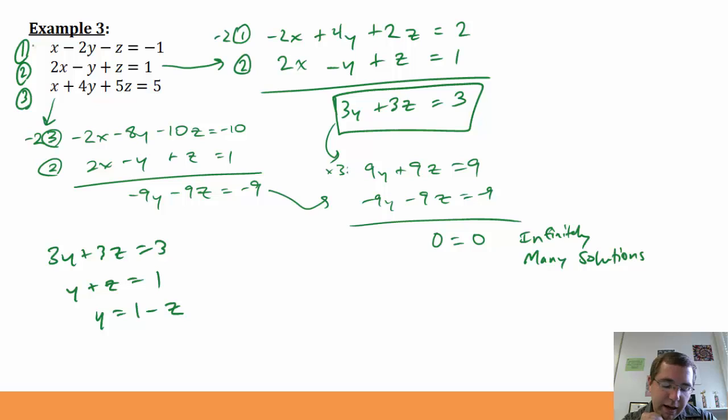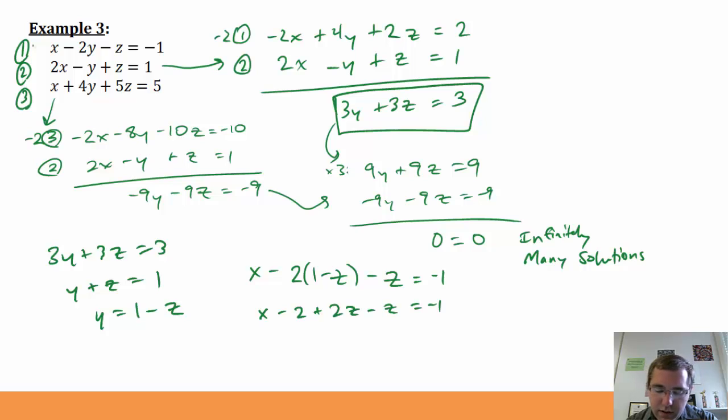And then I can take that and substitute that into, say, our original first equation. I can do this with any of the original equations, but I'll do it in the first one. Substitute 1 minus z in for y in the first equation, and let's solve that for x. So x minus 2 plus 2z minus z equals negative 1.